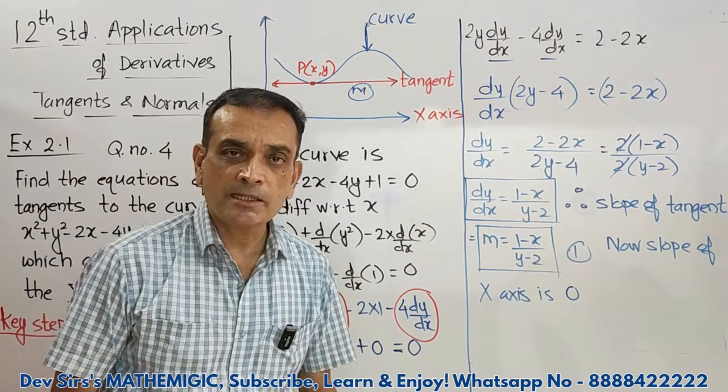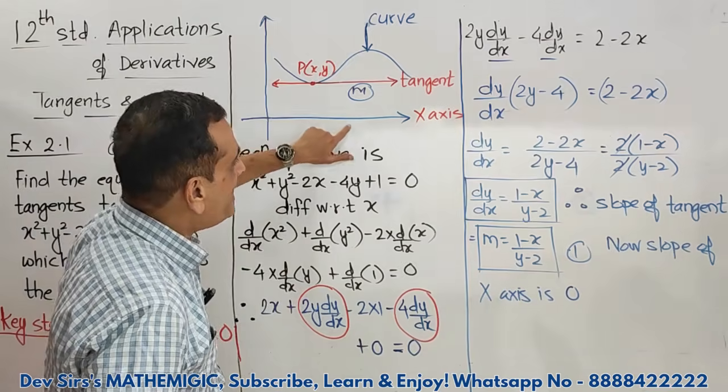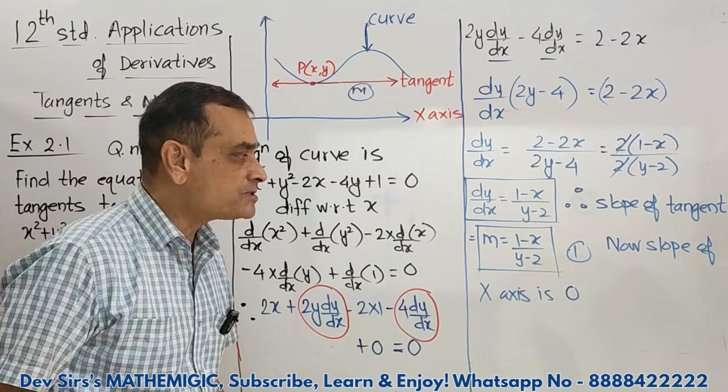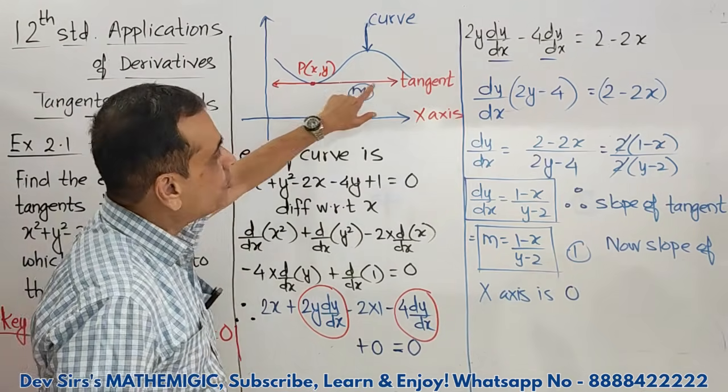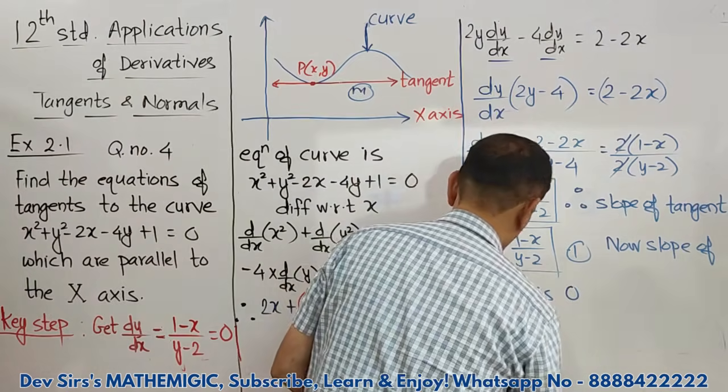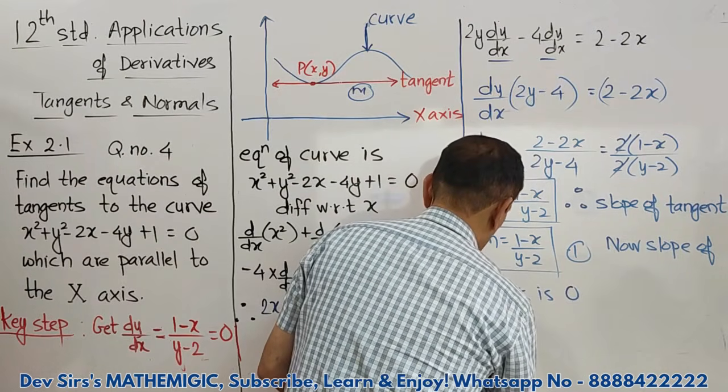Now what is the interesting thing? Tangent is parallel to x-axis. Okay, so because tangent is parallel to x-axis, slope of the tangent will also be 0.